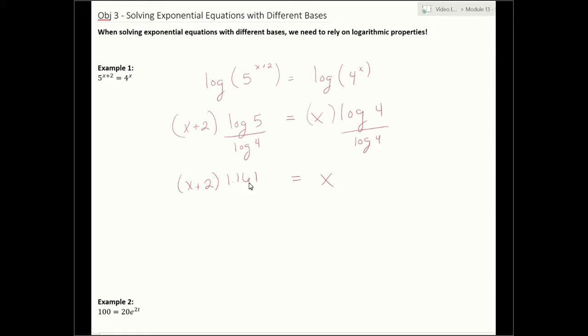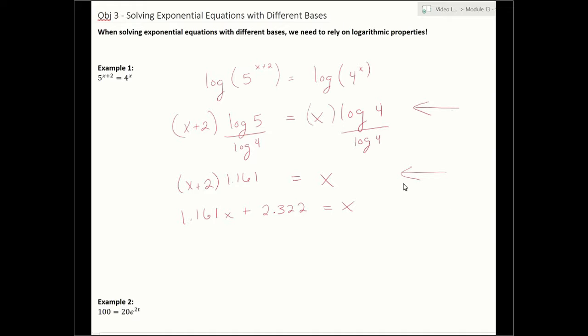So once we put that in our calculator, we can go ahead and distribute just like normal, and we can go through all of the motions and solve this. So you can see, once we take the log of both sides, you could have put log 5 in your calculator, put log 4 in your calculator, got them to be decimals, and then started from the second line.